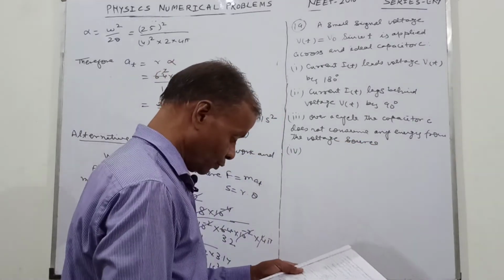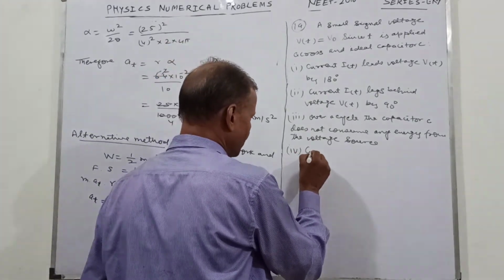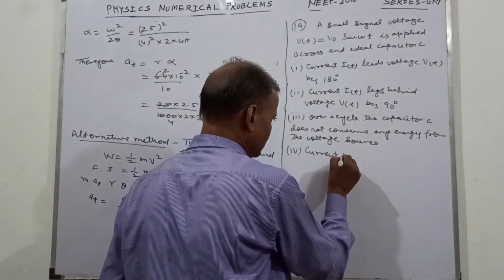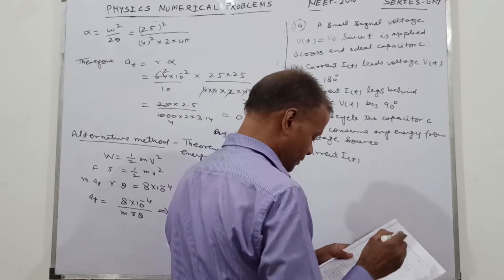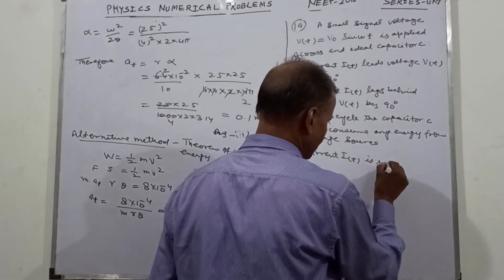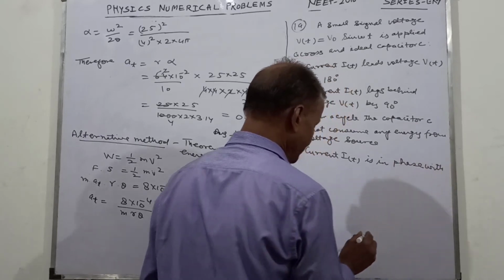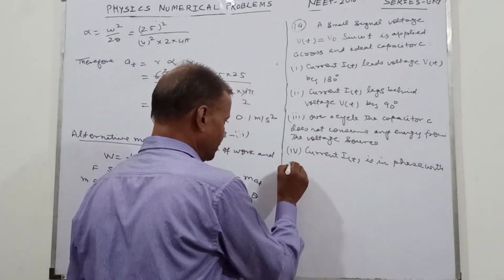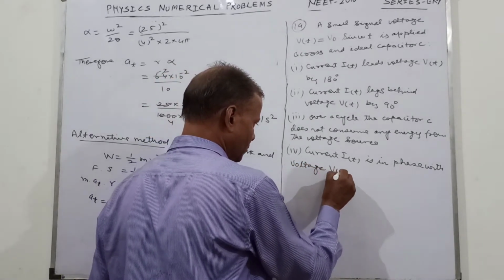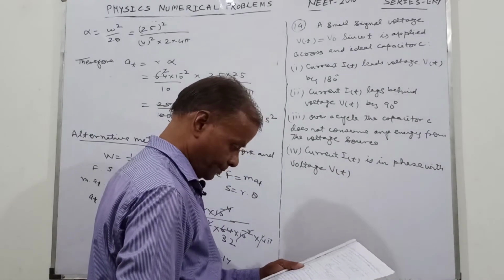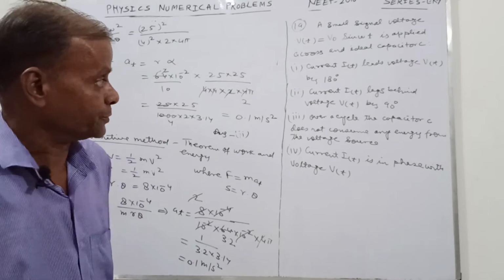And now option 4, current I(t) is in phase with voltage V(t). These are the given options.